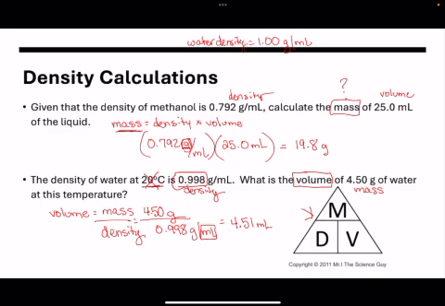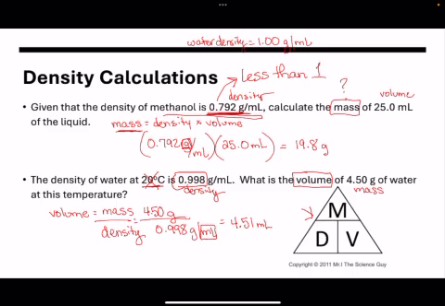So for instance, we look at our density here of our methanol, and you see that it's 0.792. Well, that is less than 1. So that should tell you that if I were to mix methanol and water together, that they would separate, and who would float on top?